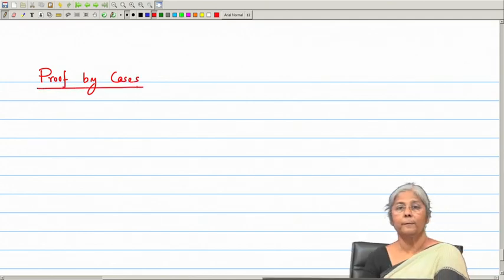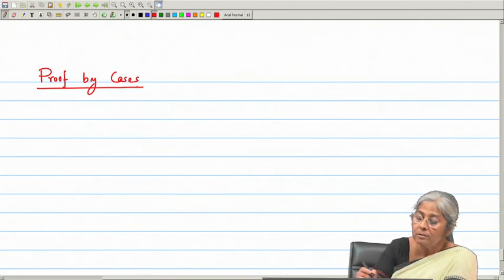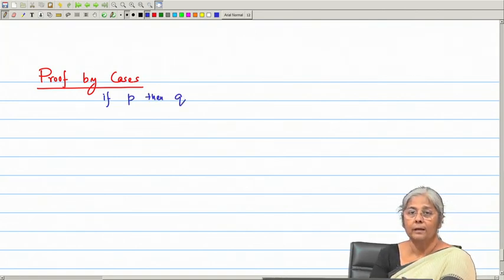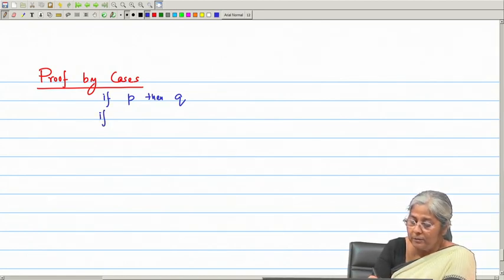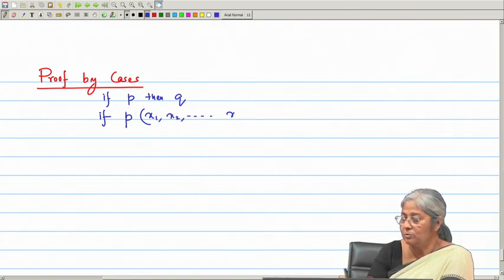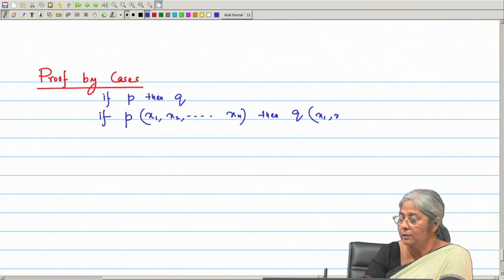How do we define it? Our theorem is stated as if P then Q. If we elaborate, if P, which takes variables x1, x2, xn, then Q of x1, x2, xn.